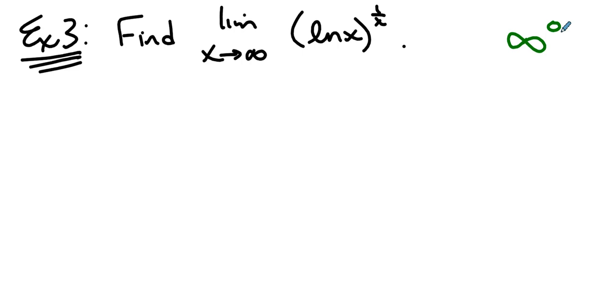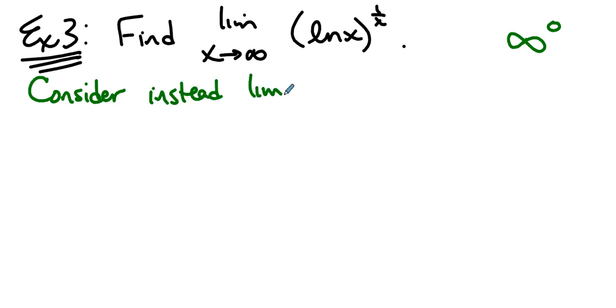So does the infinity beat the 0? Does the 0 beat the infinity? How does that all work? And I don't want to deal with exponents at all. I want to do a different problem. I want to consider instead the limit of the natural log of x to the 1 over x.